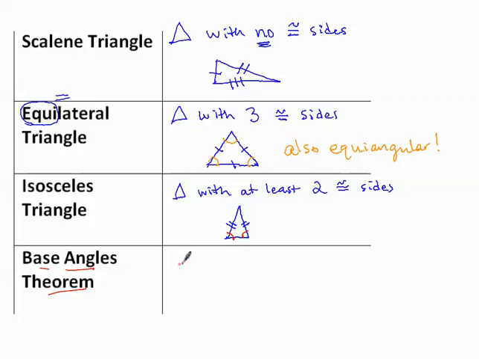So the base angles theorem tells us the base angles of an isosceles triangle, the picture that we just drew above, are congruent, which is just what we showed in this picture above. Two sides congruent, two angles congruent.